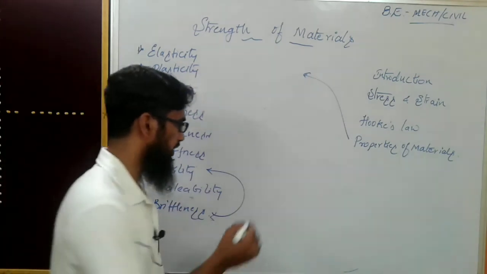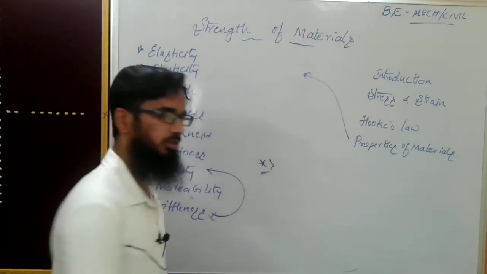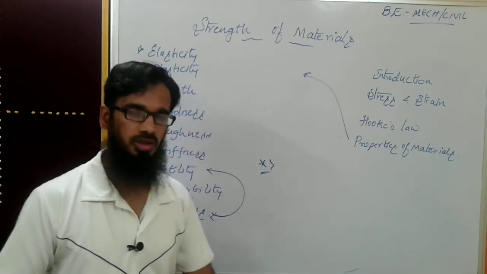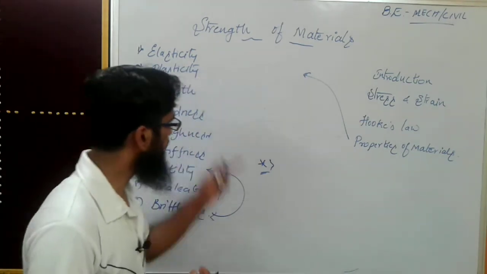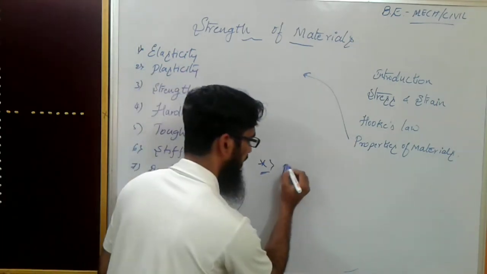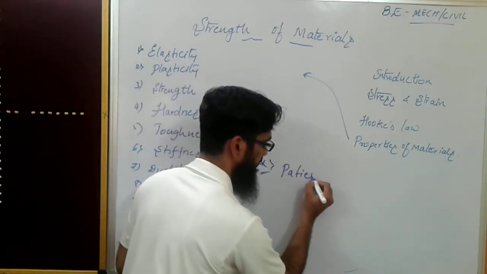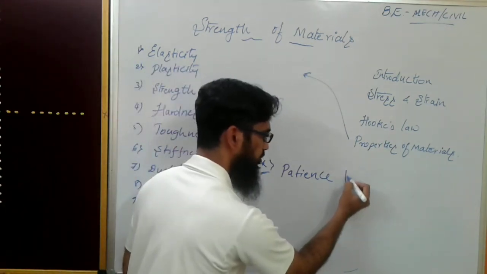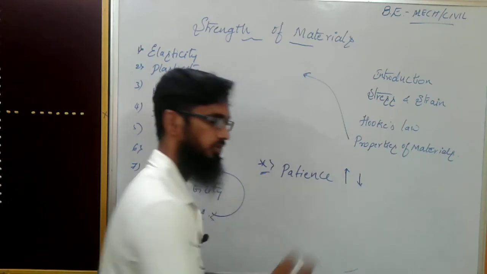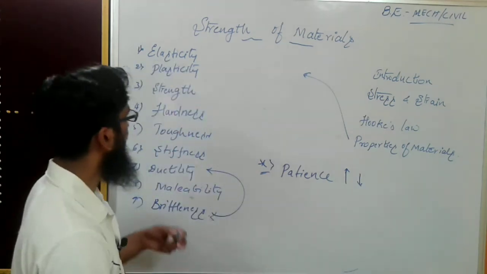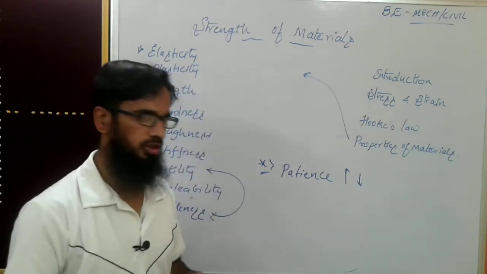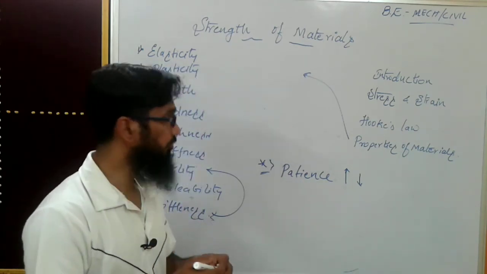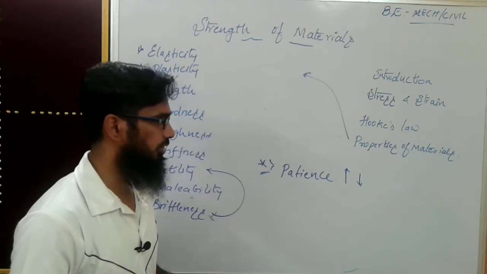I'll give one more general example. Please comment on whether this property is related to our life, and which of these properties it relates to. The example is patience. If the patience is more or less, how is it related to any of these properties?